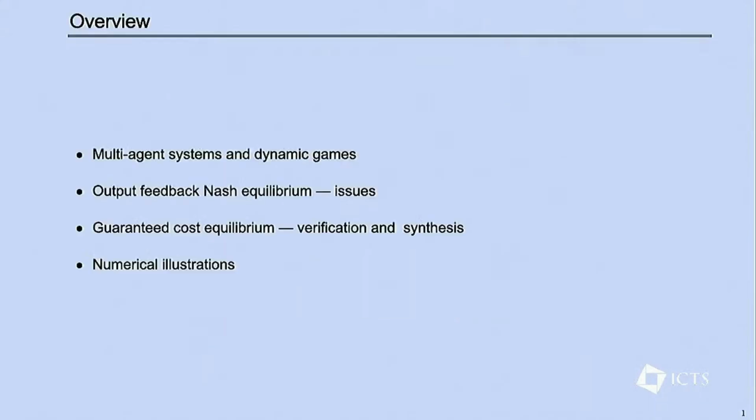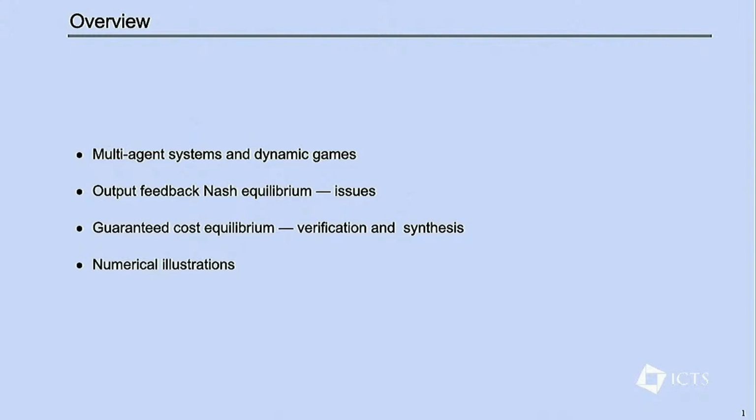So the outline of the talk is as follows. First I will talk about multi-agent systems and also some review of dynamic game models to actually model strategic interactions in multi-agent systems. Then we talk about an equilibrium concept called output feedback Nash equilibrium when agents have limited information.